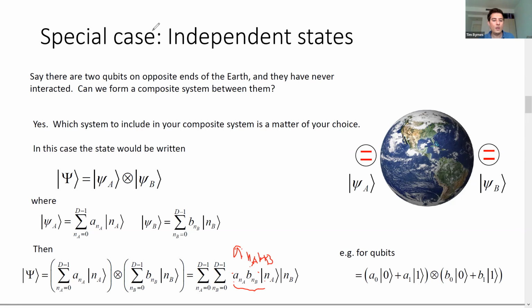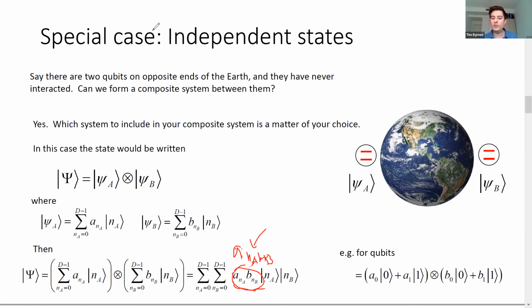But here, if you have A and A times B and B, this is not as general as the matrix that we had in the previous case. So what you end up with is a more specific kind of state.